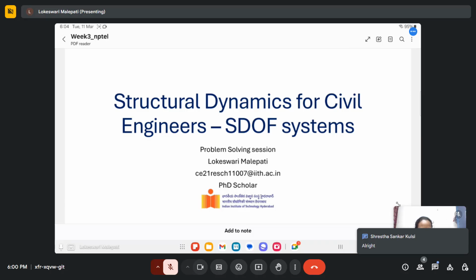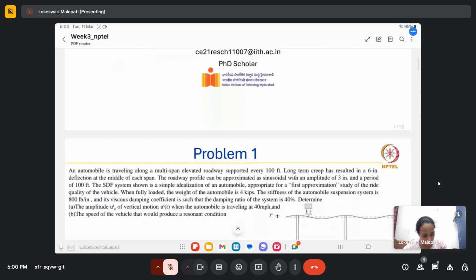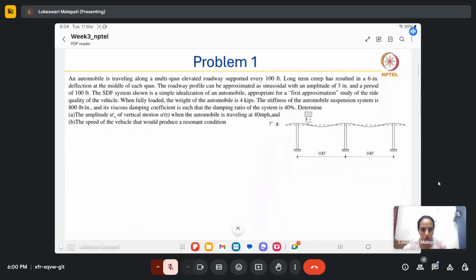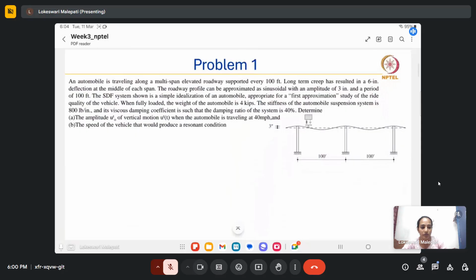Now, this week we'll try to solve the problems that are related to the equation of motion for vibrations, which are under damped and forced vibrations. So we'll try to see some of the examples, and also related to the response to the vibration under general periodic motion.